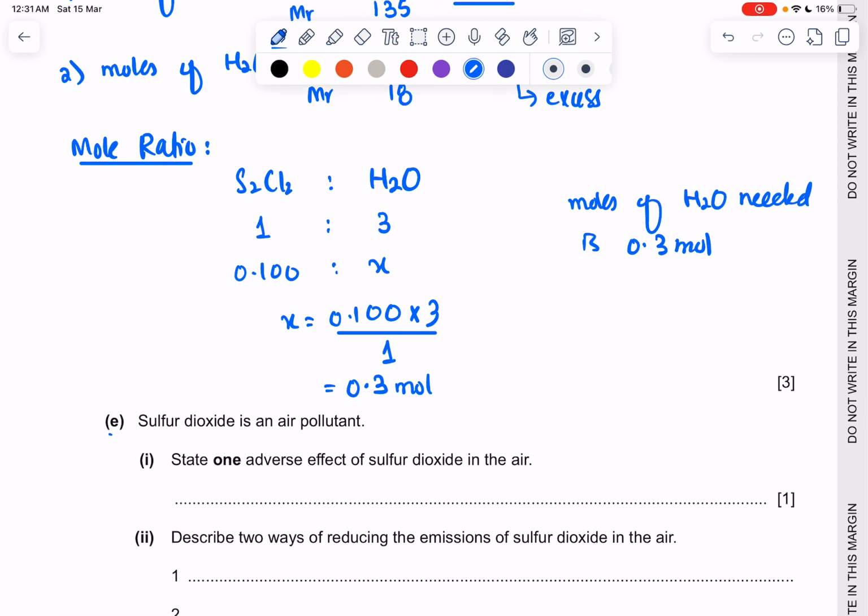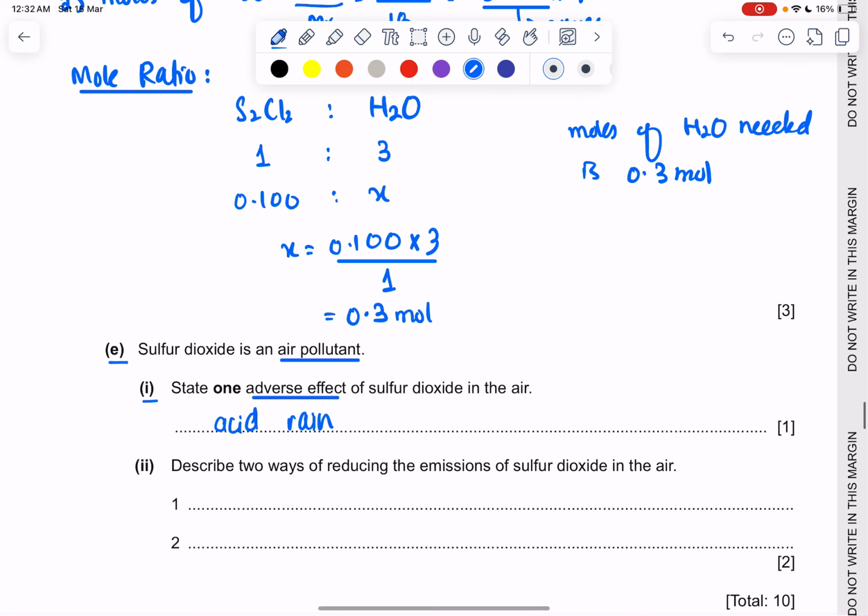Okay, next part E. Sulfur dioxide is an air pollutant. Part 1. State one adverse effect of sulfur dioxide in the air. The adverse effect of sulfur dioxide is acid rain. Part 2. Describe 2 ways of reducing the emission of sulfur dioxide in the air.